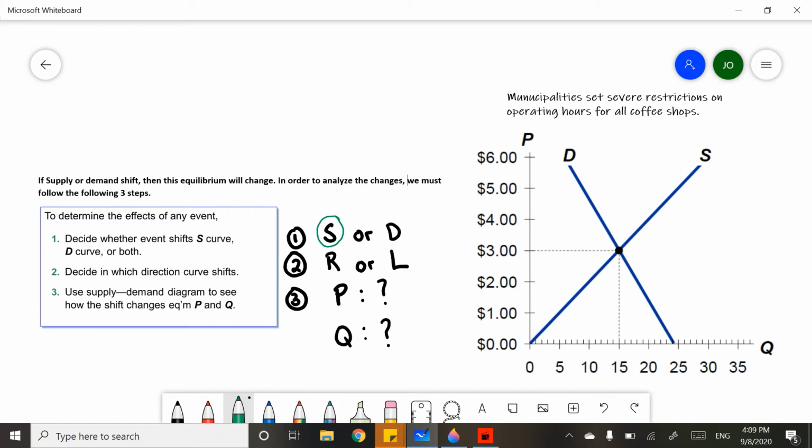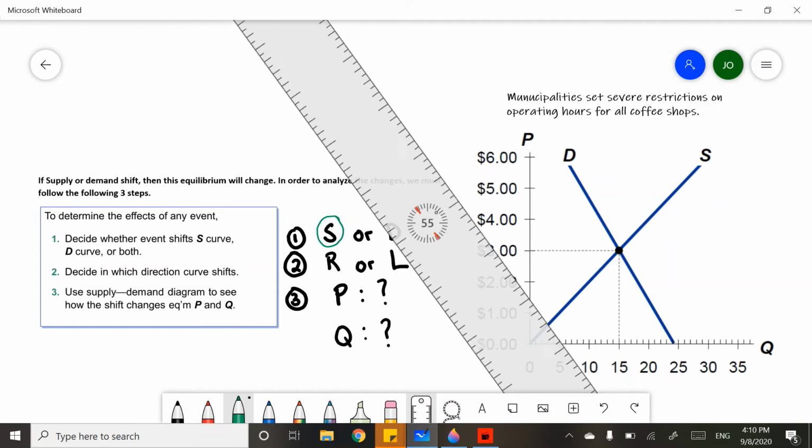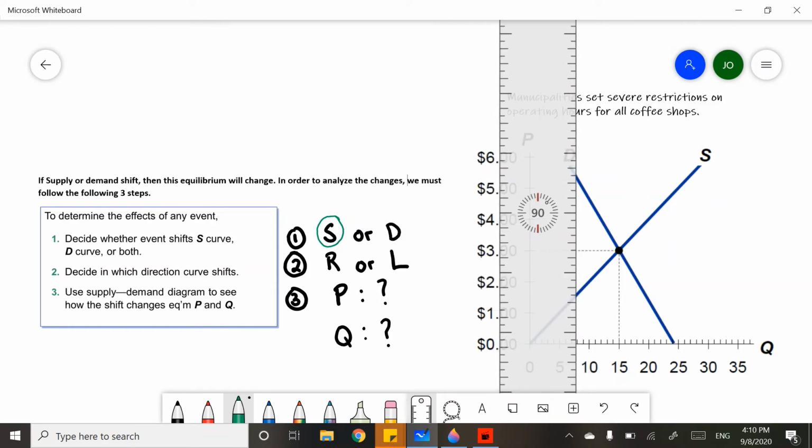Now, we have to decide if supply is going to shift to the right or if it's going to shift to the left. For this step, do you think you have to think about whether there's going to be more lattes or less lattes? So in this case, we're going to have less lattes.